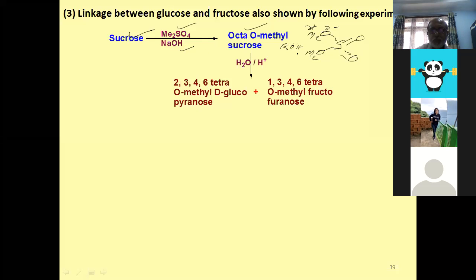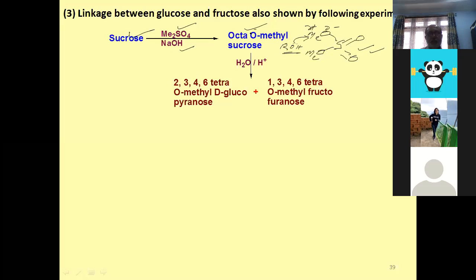The equilibrium lies towards ROH, but a little bit becomes RO minus. This will pick up this methyl, so we get ROMe. That is the mechanism of methylation of the OH group.